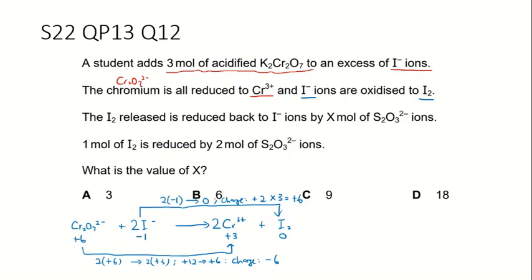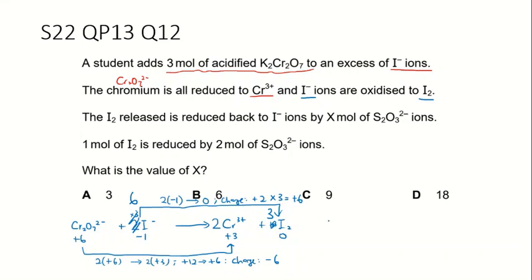So now transferred electrons are balanced. I need to make the equation balanced also. I multiply iodine by 3. So 2 multiplied by 3, I should get 6 here. There's a 1 in front of this iodine, multiplied by 3. So there's a 3 in front of iodine.